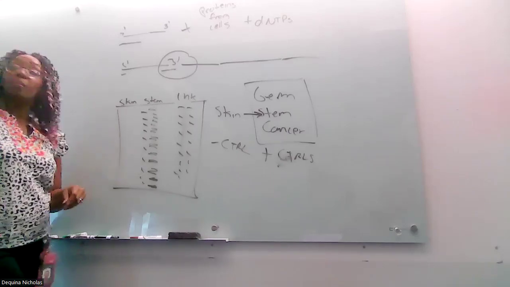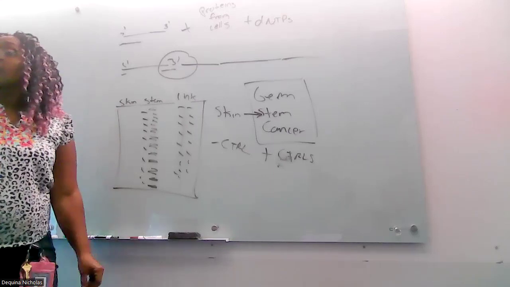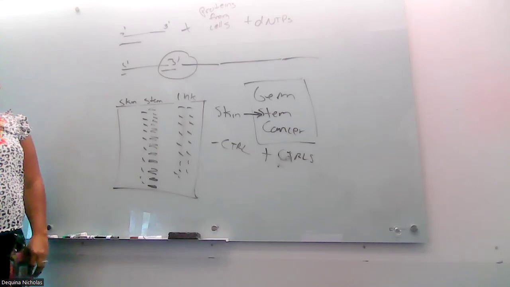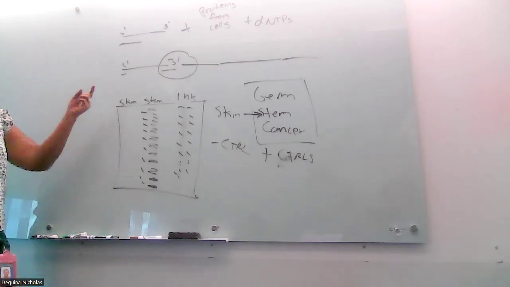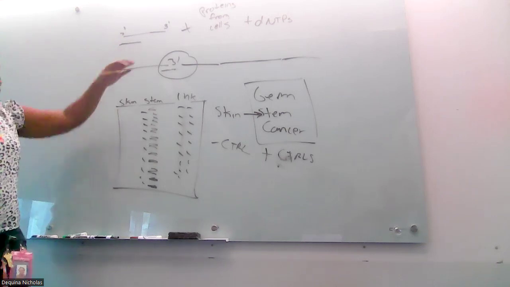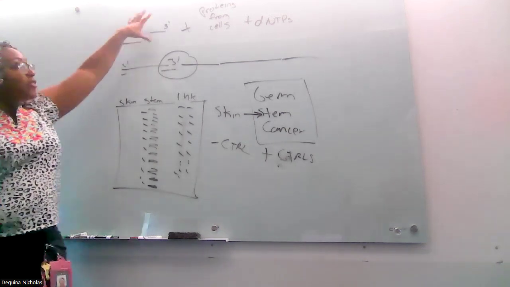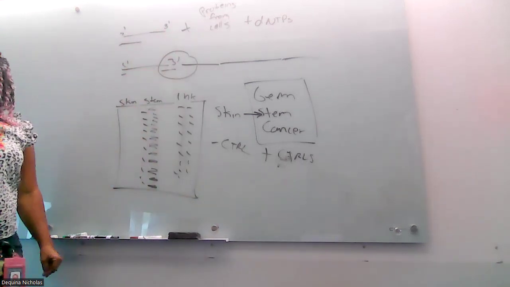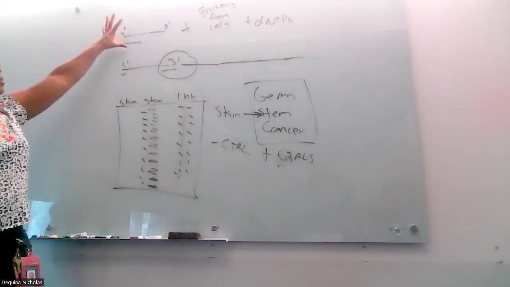Yes. If you put in a DNA nuclease, what happens? So you added the DNA template, you have all the protein lysate, and you added the dNTPs. If you added a DNA nuclease, you cut up your template.